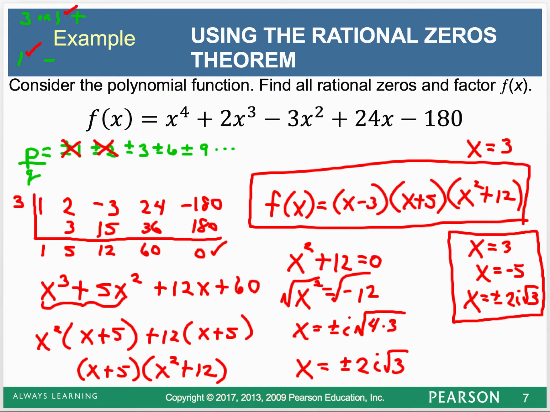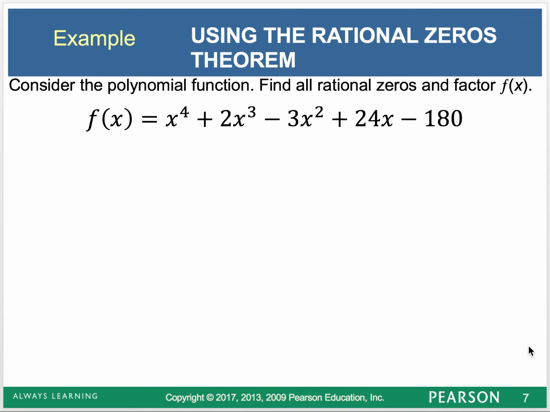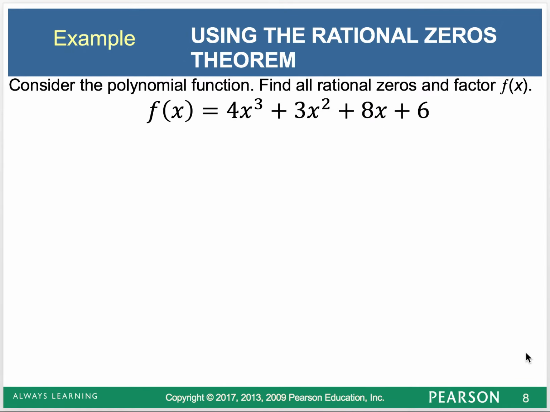Okay, let's see. We probably need to try that again, don't you think? Yep, let's try it again. All right, so hey, look, I'm going to get help from Descartes because plus, plus, plus, plus, I know there are no positive solutions.